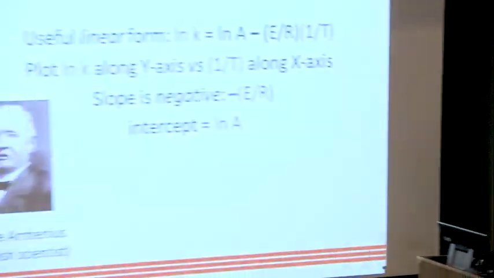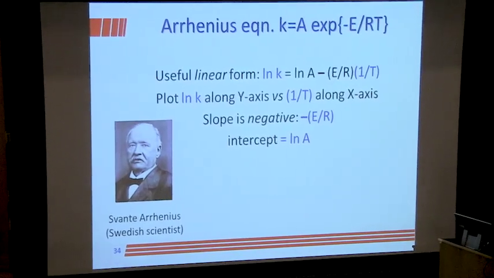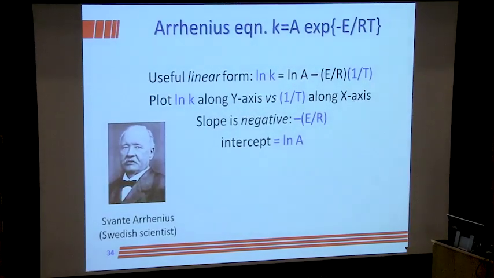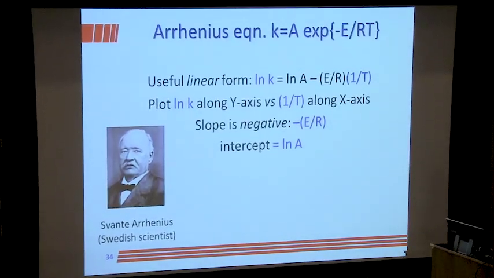So here is a picture of Arrhenius, and here are these equations. The rate constant is equal to A e to the minus EA over RT. And so we have log k is equal to log A minus EA over R times 1 over T. We had those three rate constants.